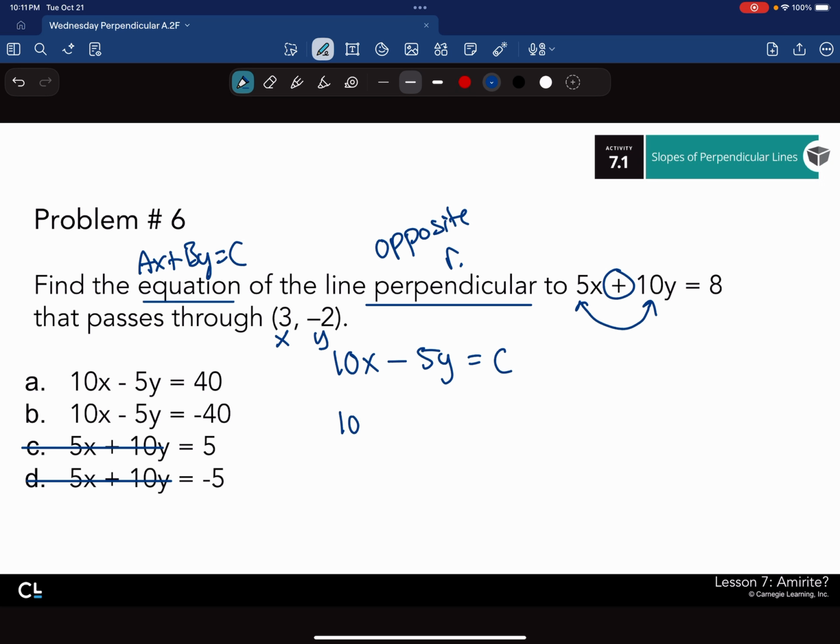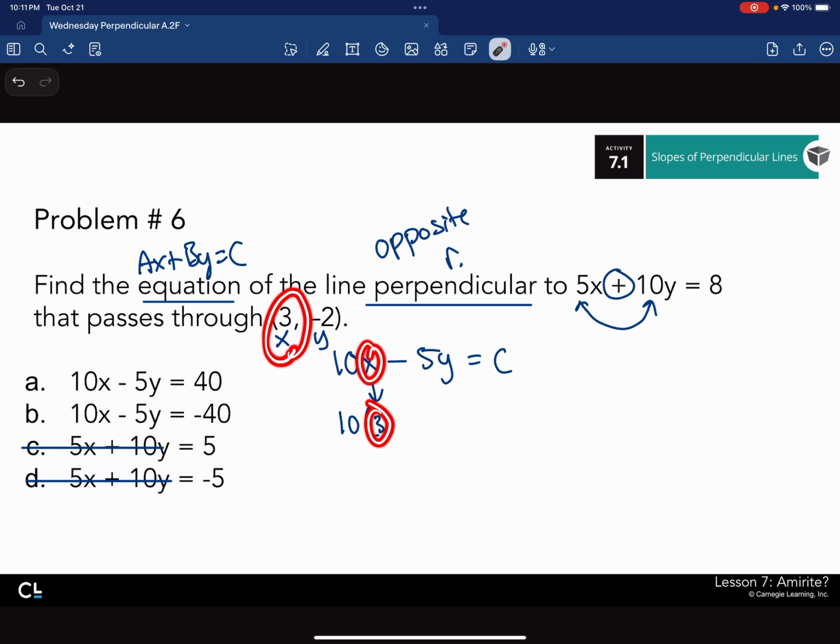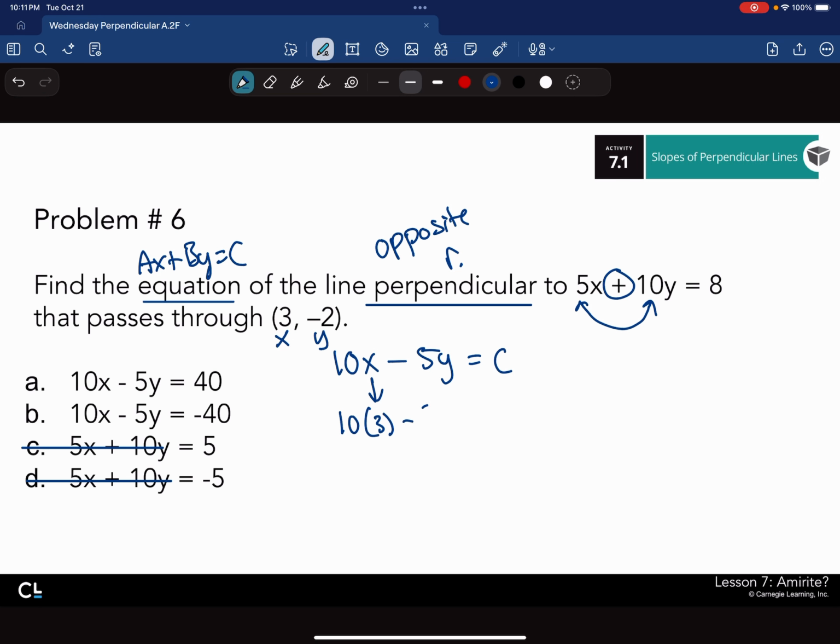So it'll be 10 times 3. Where did I get that 3 from? It's an x value, and the x value comes from the point. Minus 5 times negative 2. Where did I get this negative 2 from? Well, it comes from the y value, and that comes from the point.